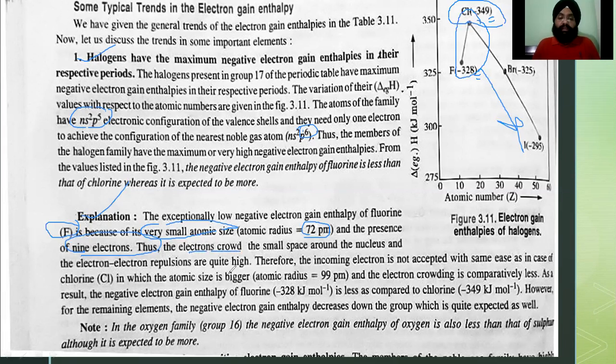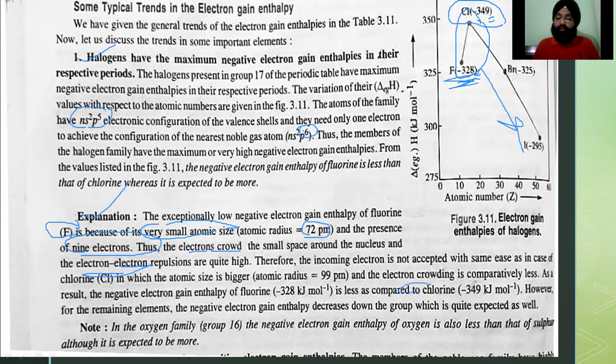Due to this overcrowding, the electron-electron repulsion inside the atom is quite high, and it also gives repulsion to the incoming electron. So its electron gain enthalpy is not as negative as expected.